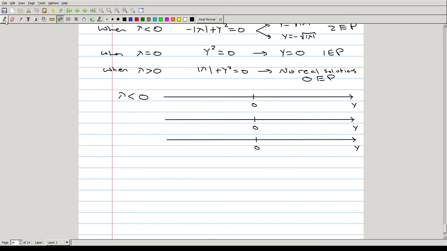But when lambda is negative, we have two critical values, or two equilibrium values. One at negative square root of the absolute value of lambda, and one at positive square root of the absolute value of lambda.